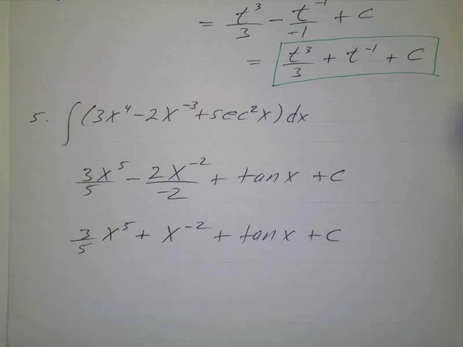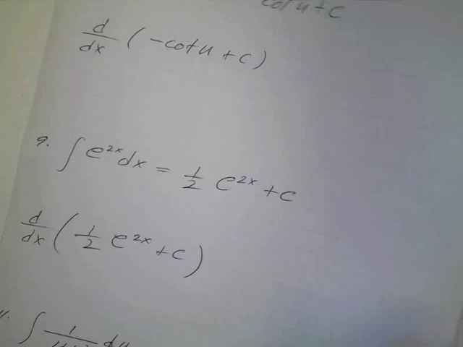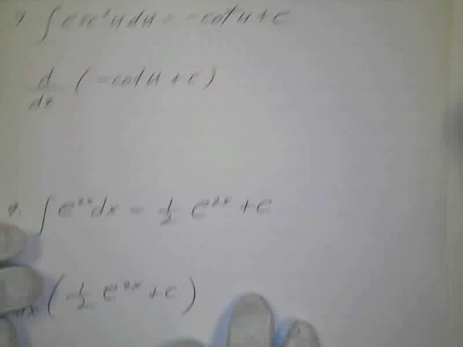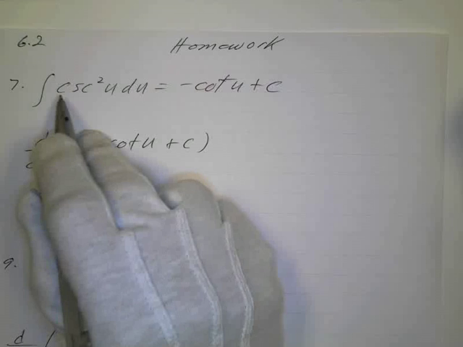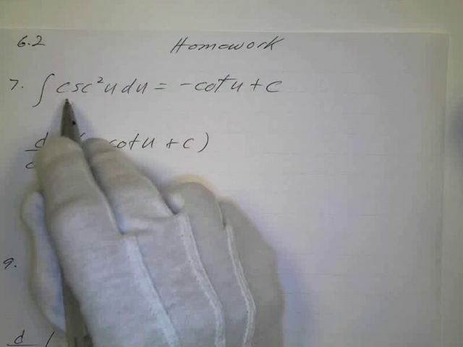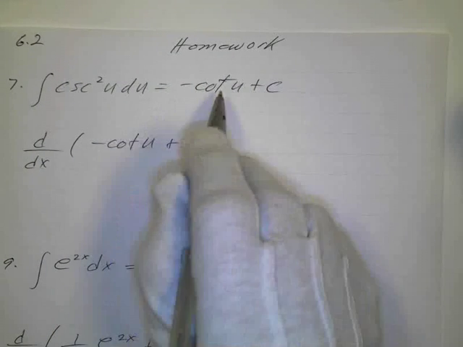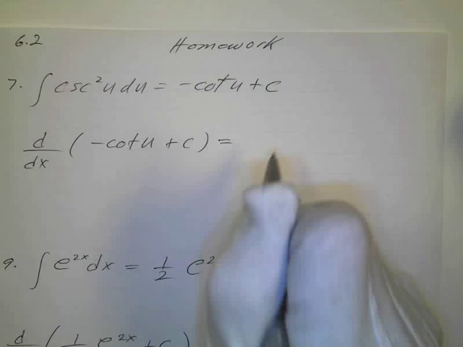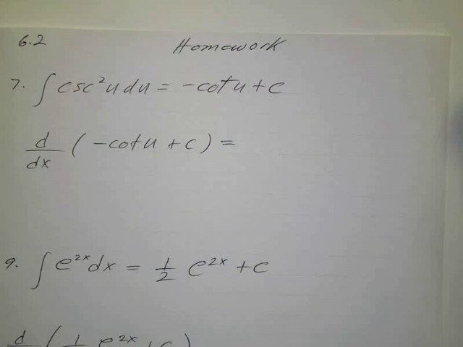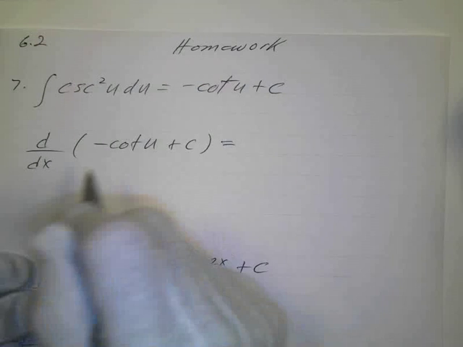On number 7, we just want to take the derivative of these to check. So we're saying that the antiderivative, or the integral of cosecant squared of u du equals negative the cotangent of u. So we just take the derivative to check that, which is what you're going to be doing in the more complicated ones, I hope, to make sure your answers are correct.